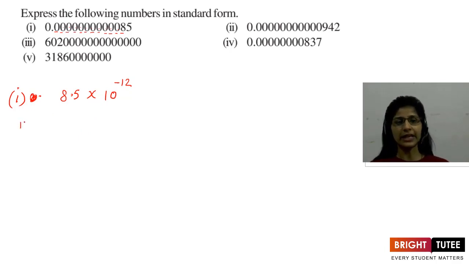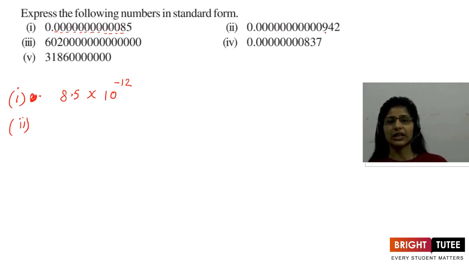Very good. Second part, we have it as, how many zeros here? The decimal will come after 9 to keep it in the standard form. So how many places? 1, 2, 3, 4, 5, 6, 7, 8, 9, 10, 11, 12.